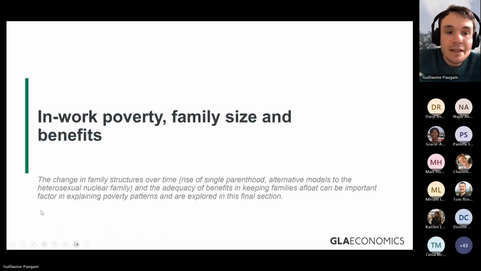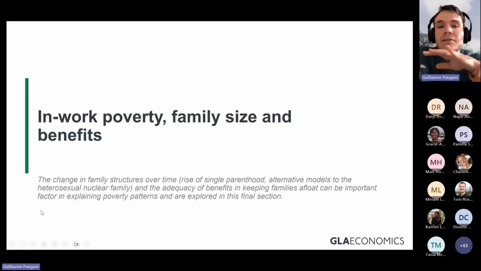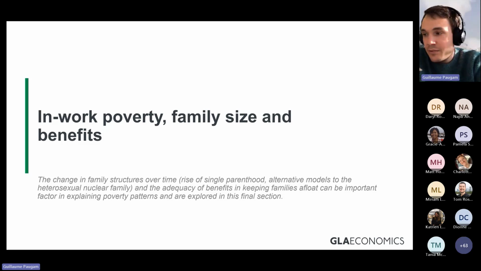And finally, I wanted to have a little zoom on the relationship between labour market participation, poverty, and family size. And I think there are two reasons motivating that. The first one is that often in the media, the press, and academic research over the past few decades, there's been quite a strong focus on single parenthood and the idea that being a single parent, the breakdown in supposedly classic family structure, is linked to more vulnerability and poverty.